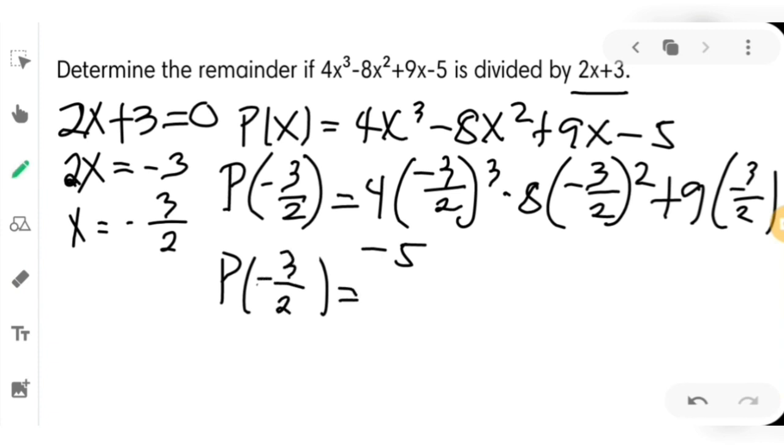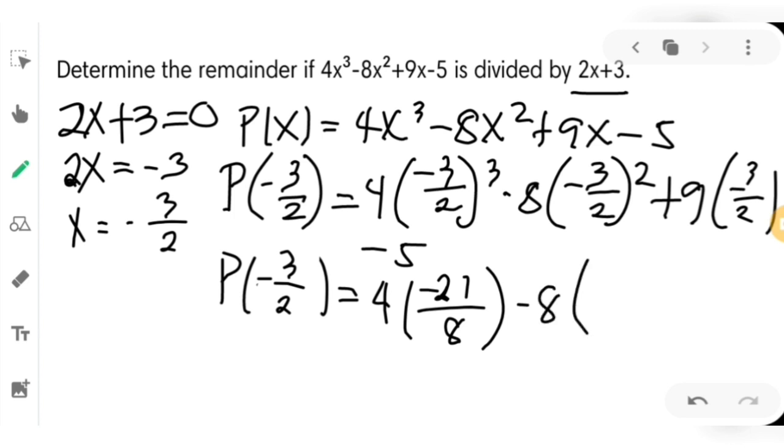Following the order of operations, we have 4 times negative 3 raised to 3 is negative 27 over 2 raised to 3 is 8, minus 8 times negative 3 raised to 2 is 9 over 4, plus 9 times negative 3 halves minus 5.